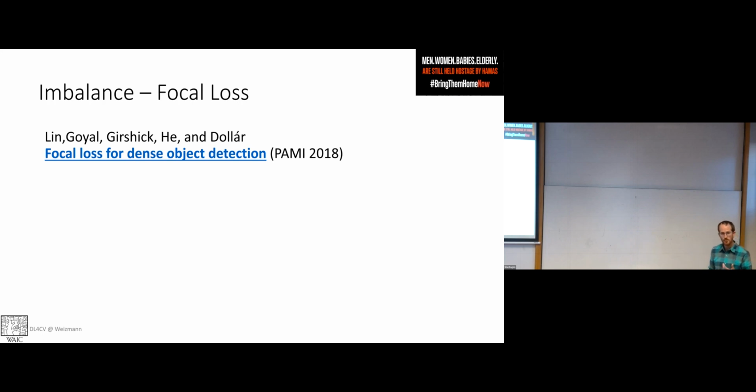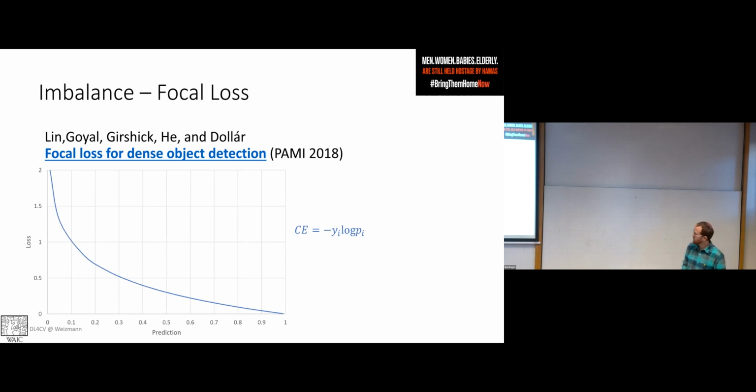Another way of dealing with hard negatives, with imbalance, is to change the loss function. So if cross entropy loss is not good in this case because it tries to improve those that we are confident about, we can change the loss function. So this is how the cross entropy looks.